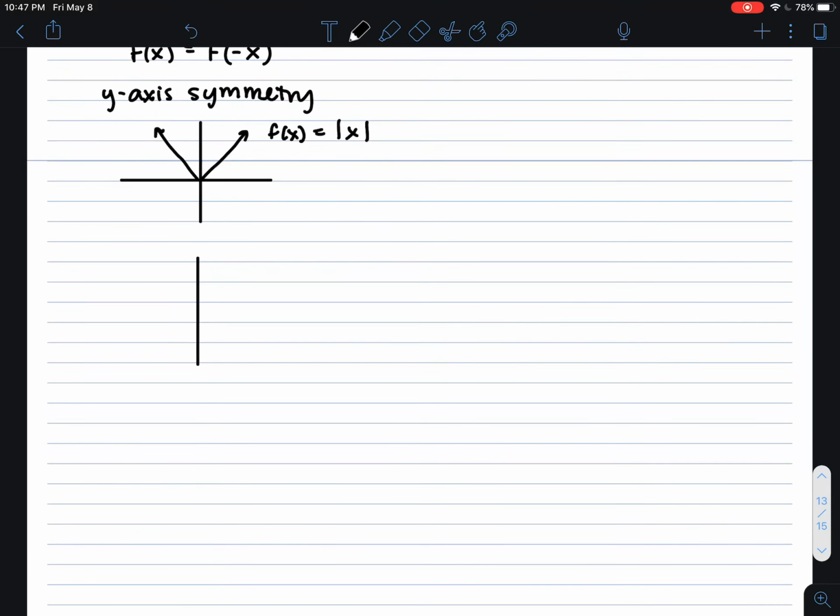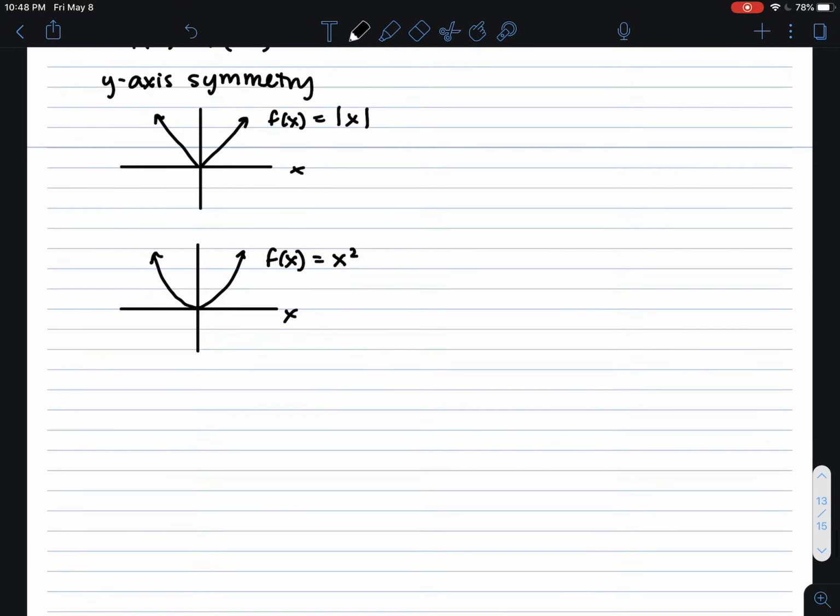Another example is x squared. And another example is cosine of x, which looks something like this.